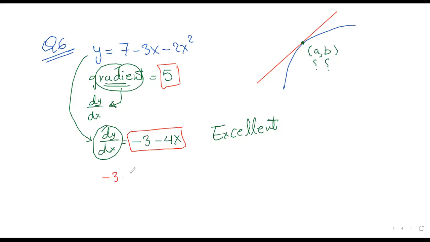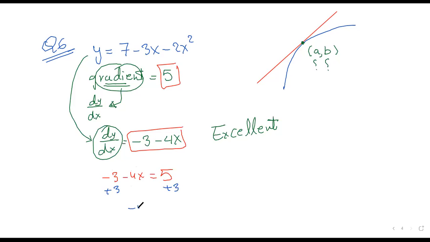So negative 3 minus 4x equals 5, because differentiation is equal to 5, but the question said it in another word: the gradient is equal to 5. It wanted to trick us. Okay, so that's positive 3.